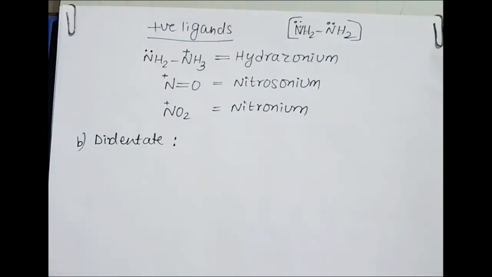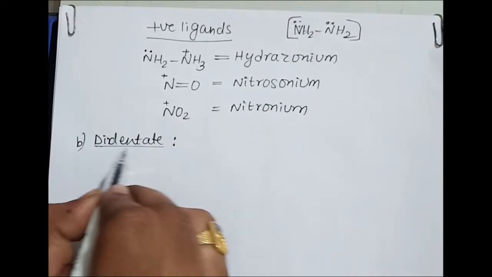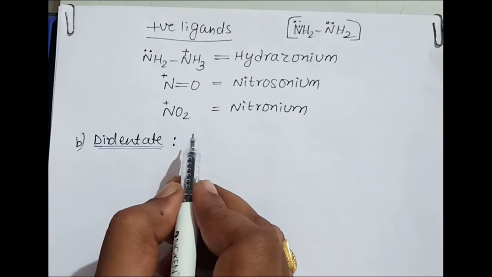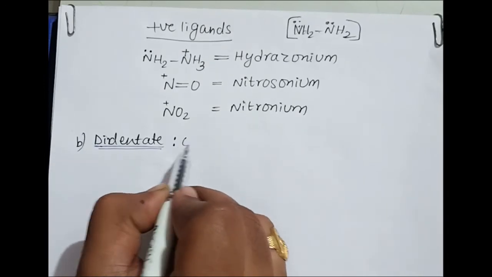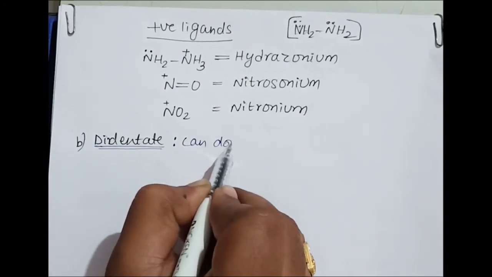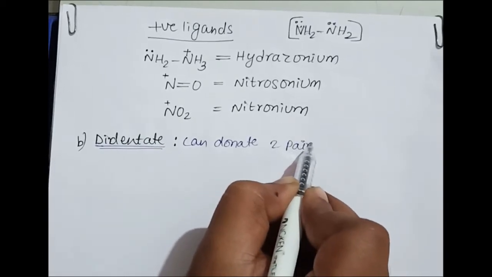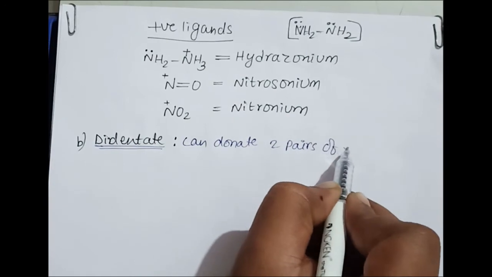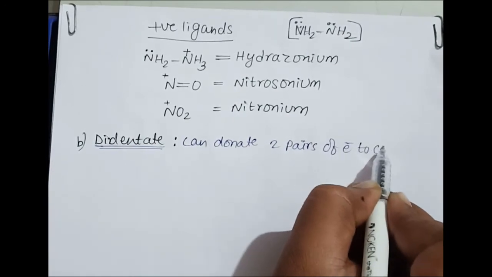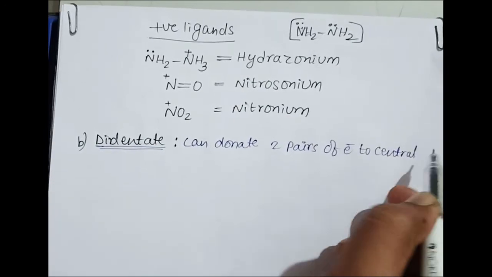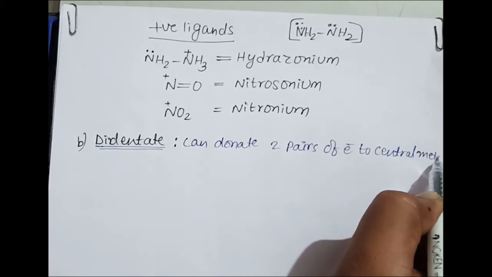Yes, definition, what can you say? As the name itself, you must have got an idea. Didentate ligand means which can donate two pairs of electrons to the central metal. Yes, that is called a didentate.